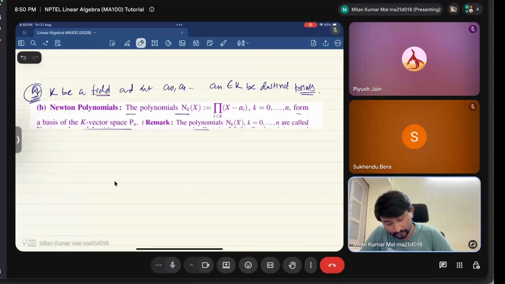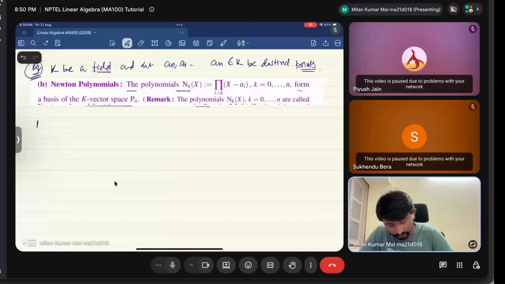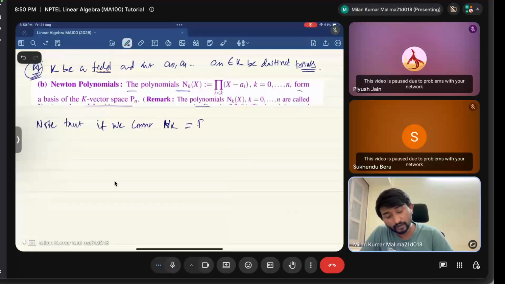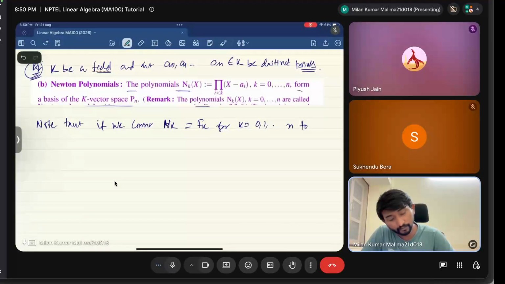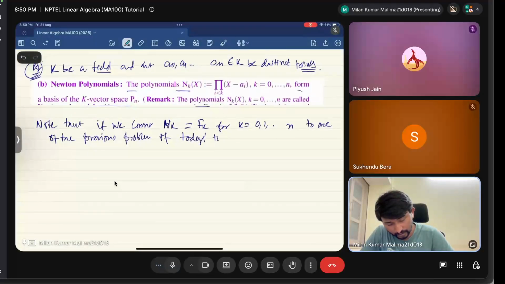Okay, note that if we consider Nk equal to fk for k equals 0, 1 to n, then it reduces to one of the previous problems of today's tutorial.